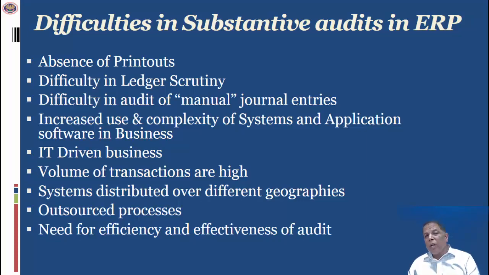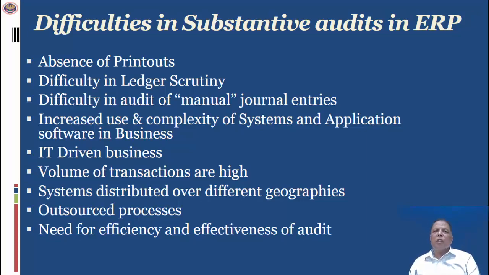Transactions also nowadays are extremely high, very high. The systems, especially for global companies having units in India or abroad, applications could be hosted across the globe. A system hosted in Switzerland, managed from Hong Kong. How do you consider and audit something like this?